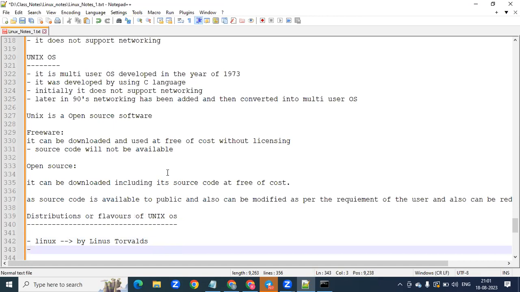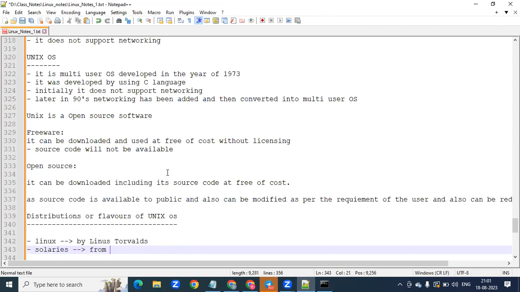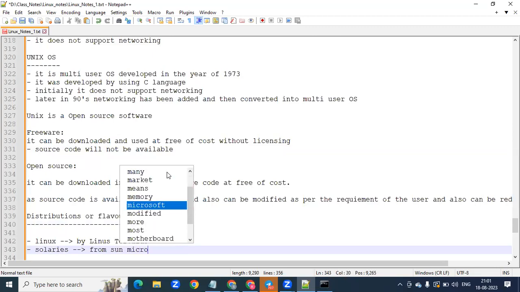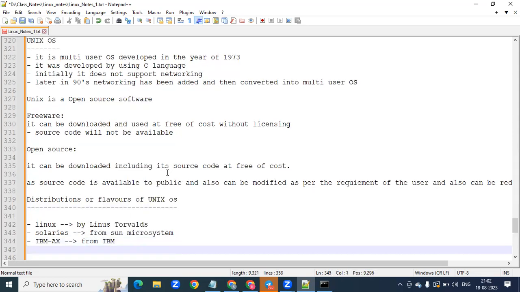The next one is Solaris, which was developed by Sun Microsystems. Formerly Sun Microsystems, it was purchased by Oracle, so now we call it Oracle Corporation. Then IBM AIX, which was from IBM.